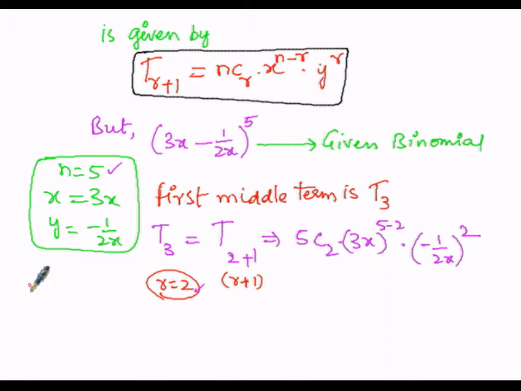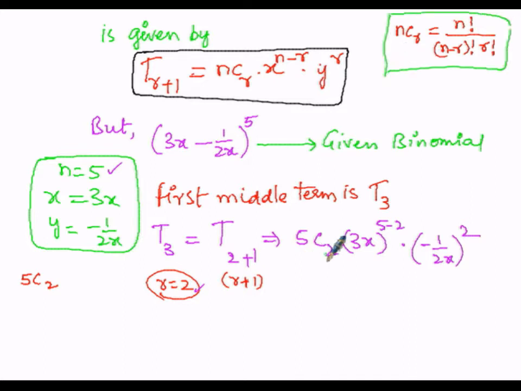Here 5C2 can be found by means of the formula nCr is equal to n factorial by (n minus r) factorial into r factorial. So by means of this formula we can find the binomial coefficient 5C2, where n is 5 and r is 2.